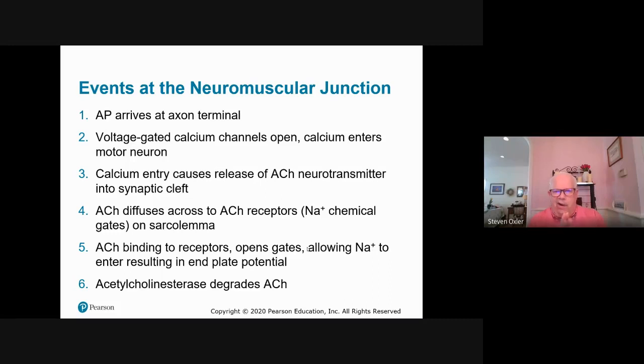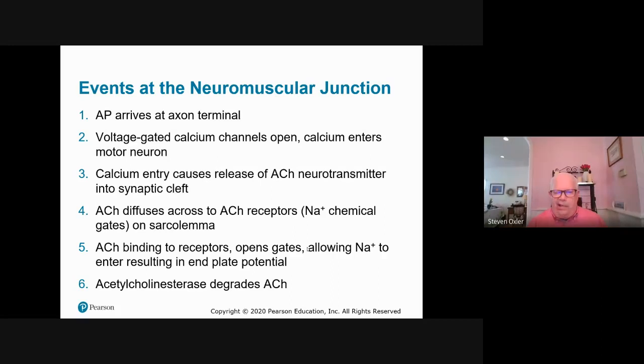There are channels that open for calcium. Calcium enters the motor neuron. Calcium entry releases acetylcholine neurotransmitter into the synaptic cleft. The neurotransmitter, acetylcholine, diffuses across the cleft to get into the plasma membrane of the muscle, known as the sarcolemma.